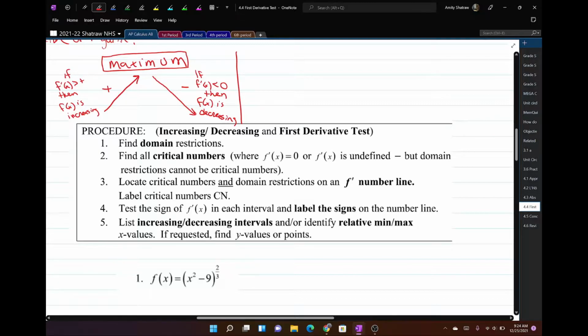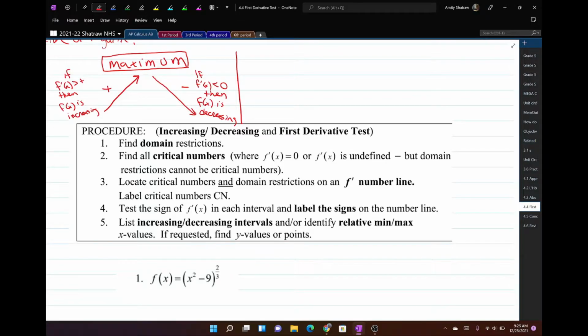And again, I'll refer you to the freestyle if you feel like this notation that I'm using here is not clear.